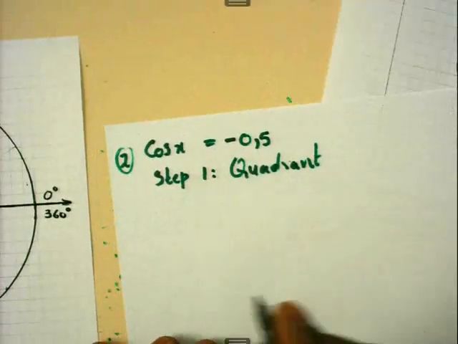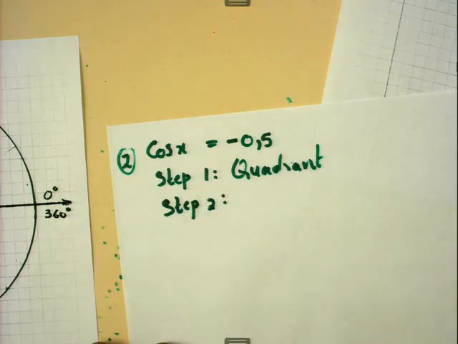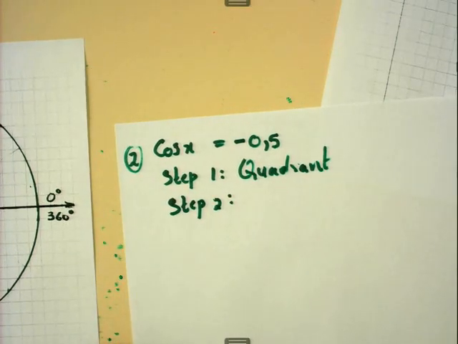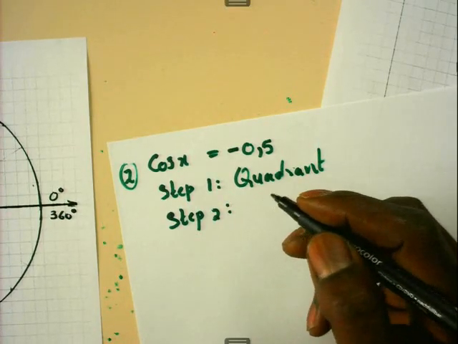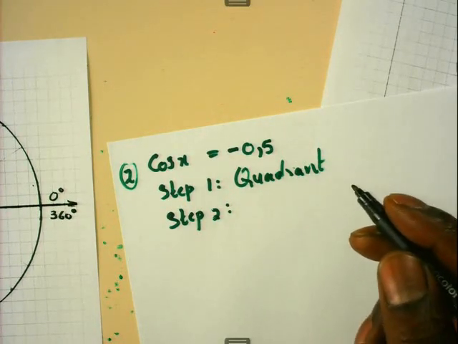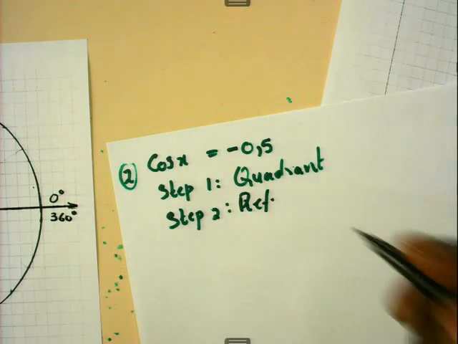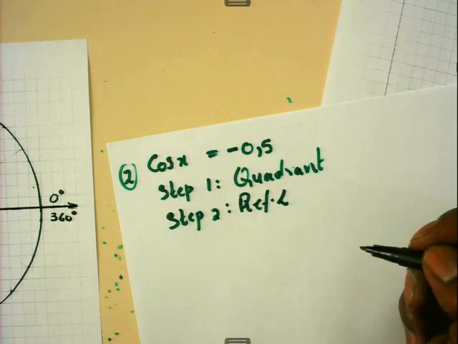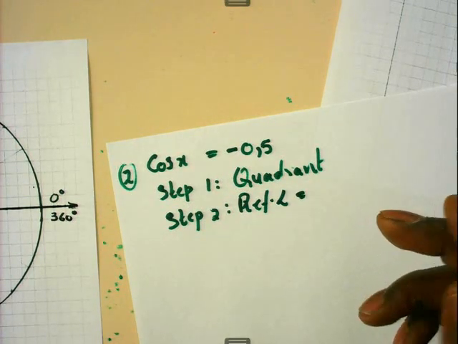Now we go to step number 2. Step 2, we've got our quadrant. Now we find the reference angle. Step 2 is I'm going to write reference angle. And remember, how do we find the reference angle?